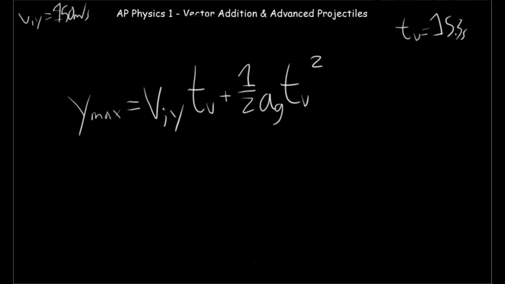Okay. Now I want to figure out y max, and we already have our values because we know what VIY is, we know what TU is, we just solved for that, and acceleration is just self-explanatory. So you can all plug these in the calculator, and 1/2 times 9.8, or negative 9.8.